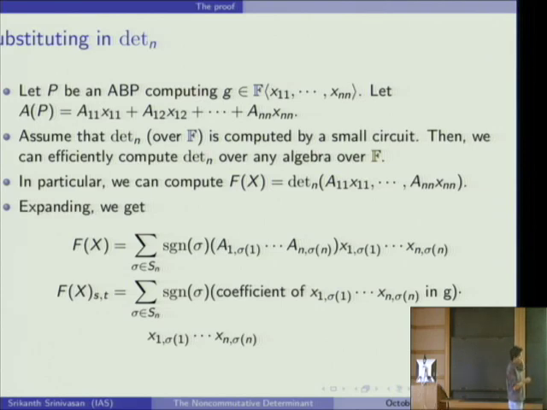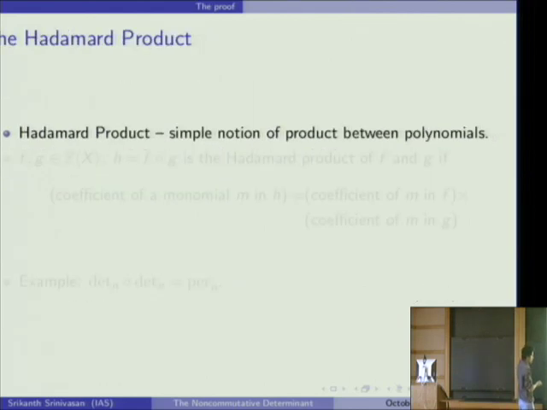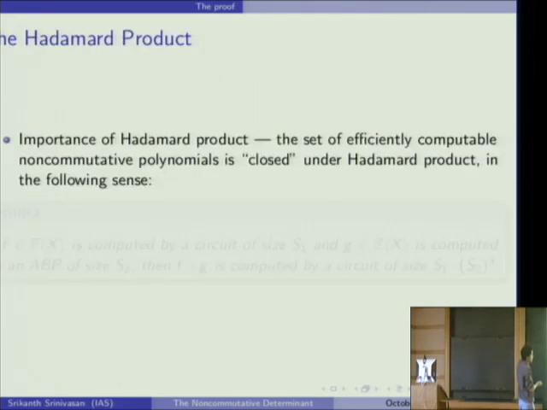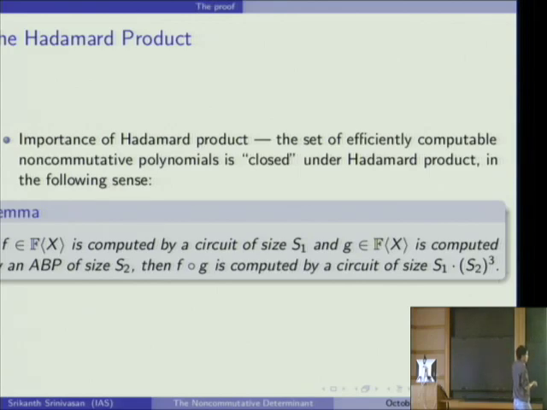Therefore, if I look at the stth coefficient, which really corresponds to computation in the ABP, I get the coefficient of that same monomial in the ABP. So I just get the same coefficient that the determinant gave me times the coefficient in the ABP, which is what I was looking for.